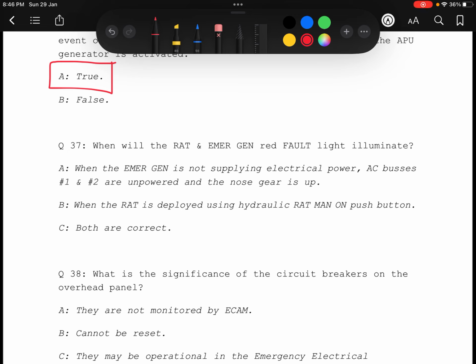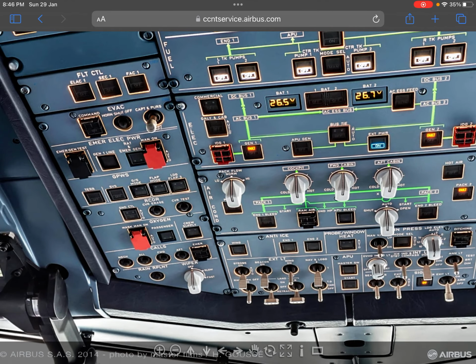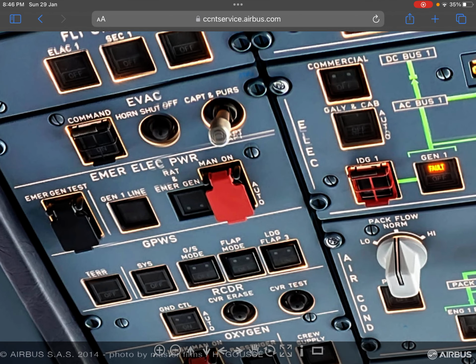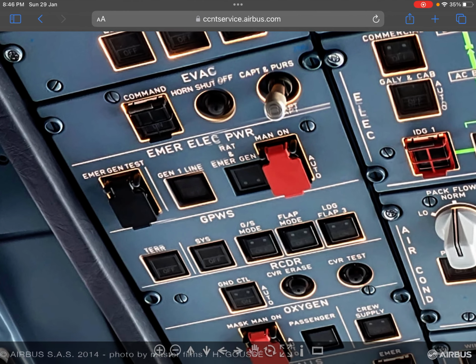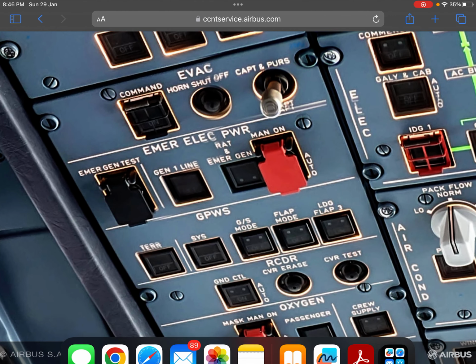Yes, this is very good information in this question itself. There is only one fault light which comes in red color, at the emergency electrical power panel on the captain side, at the RAT and emergency generator switch. The switch you can see in the middle of your screen, right? This fault light comes in red color. When does it come?